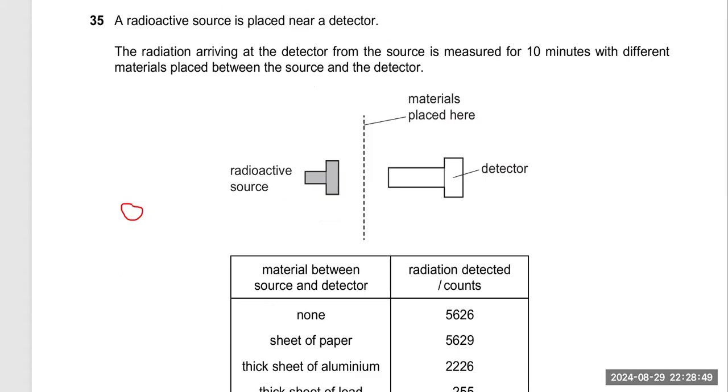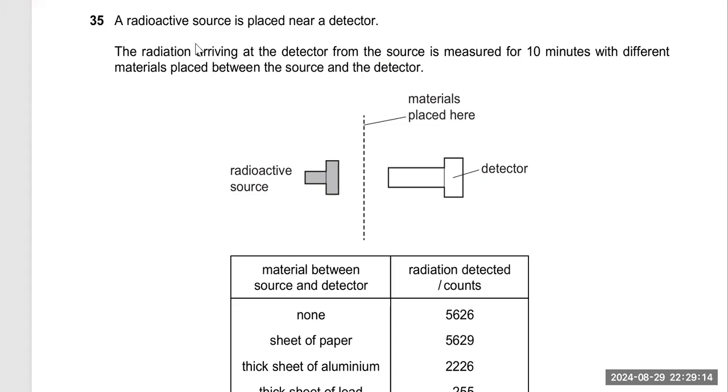This is related to radiations, and you can solve it if you have a little idea of the properties of alpha, beta, and gamma radiation. I will give you a little information about that. Alpha particles are less energetic as compared to gamma.